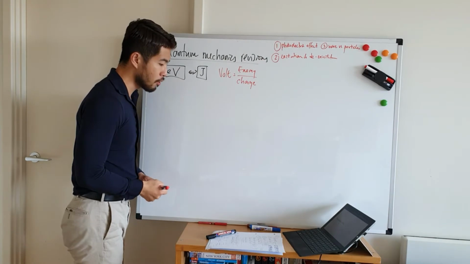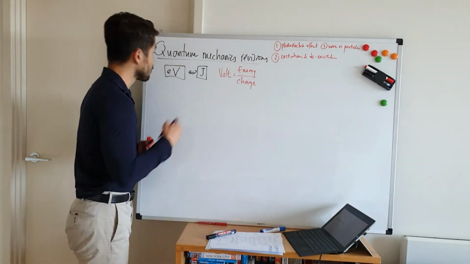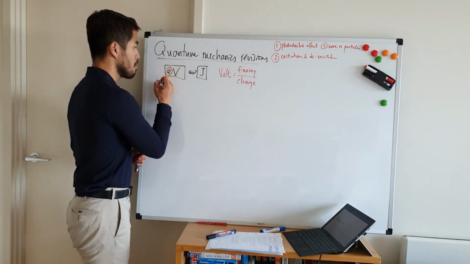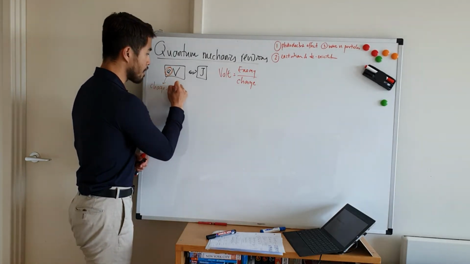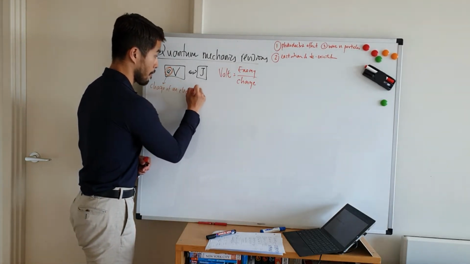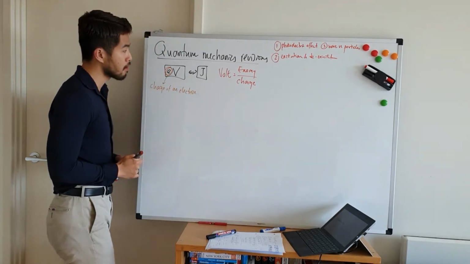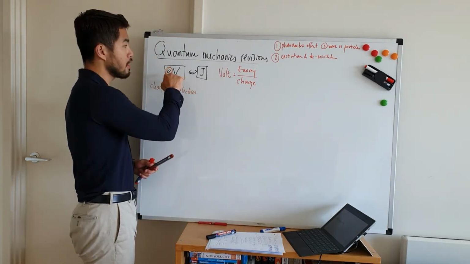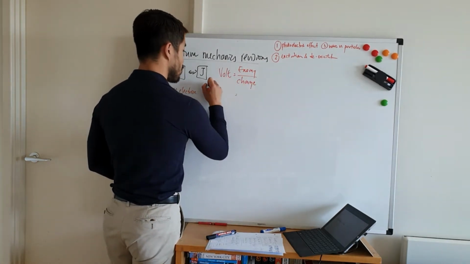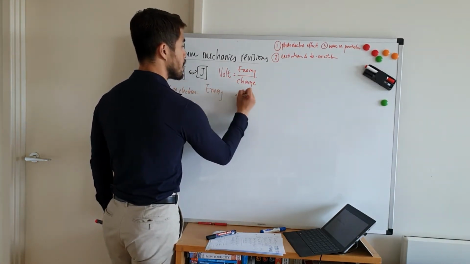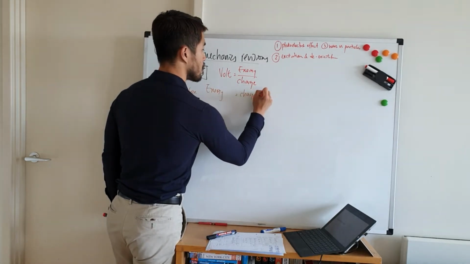When you talk about eV, this e is the charge of an electron. So how do you turn eV into joules? If I rearrange this equation, energy is charge times volts.